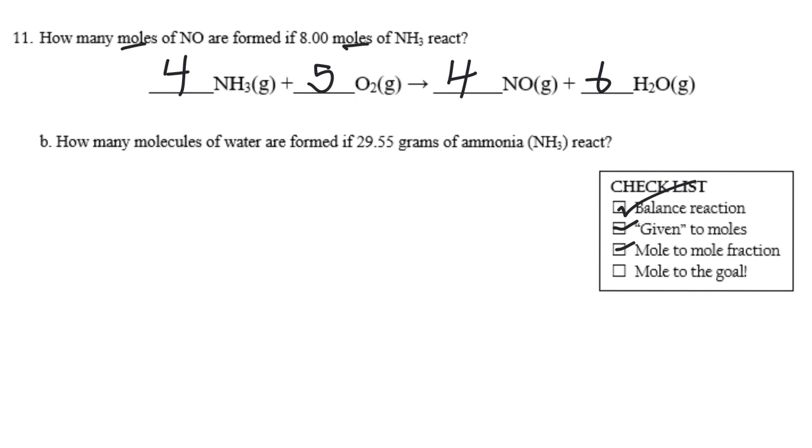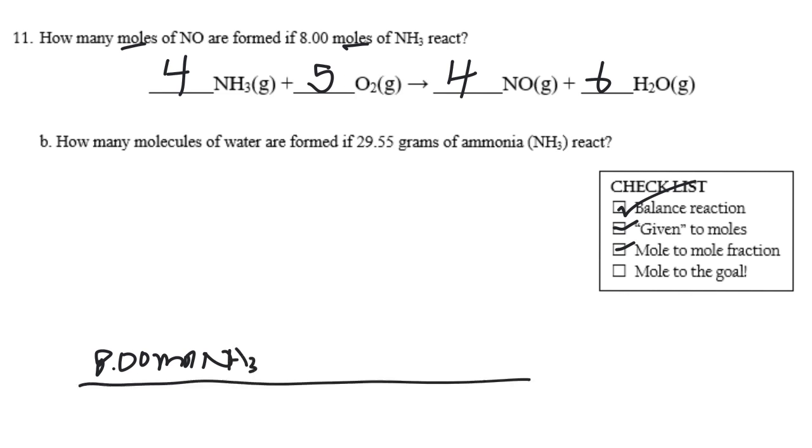So I'm going to set it up down at the bottom just because there's not a lot of space. So I have 8 moles of NH3. And I want to get from moles NH3 to moles of NO. So I'm going to use my coefficients. The number in front of NH3 is a 4, so that 4 comes down.